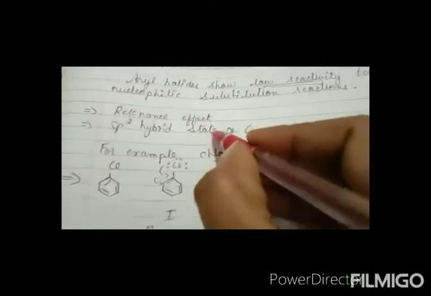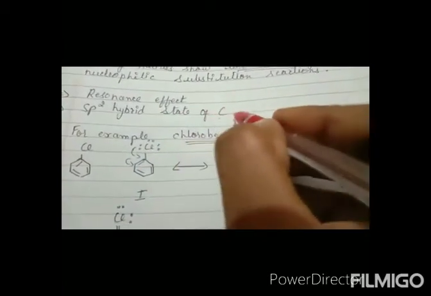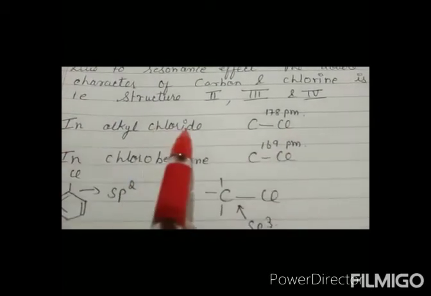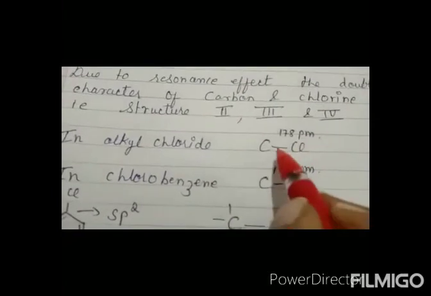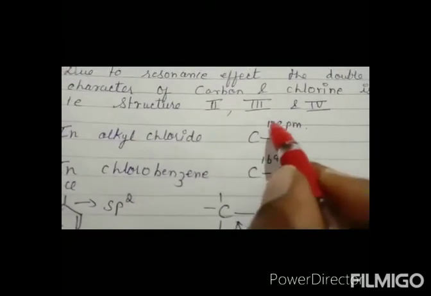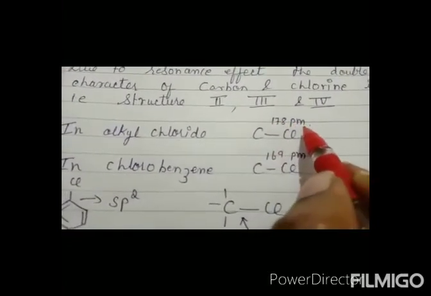Now what happens in the next part, which is sp2 hybrid state of carbon. If I compare the carbon and chlorine bonding in alkyl chloride, the bond length between carbon and chlorine is 178 picometer.